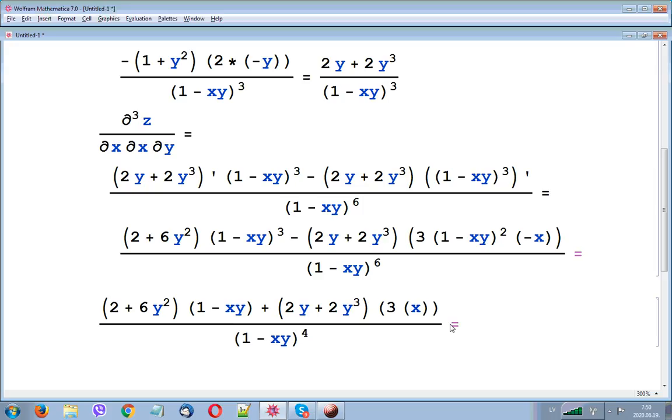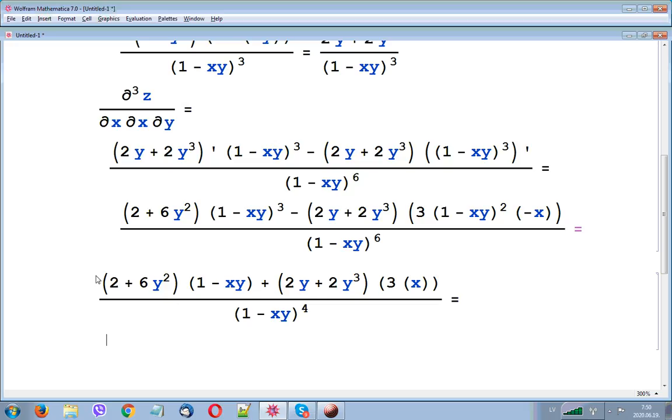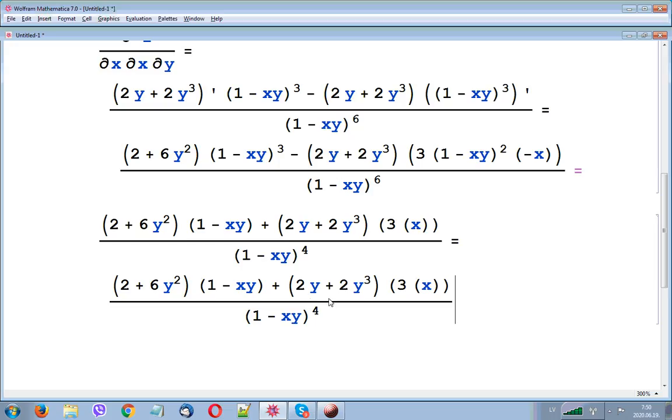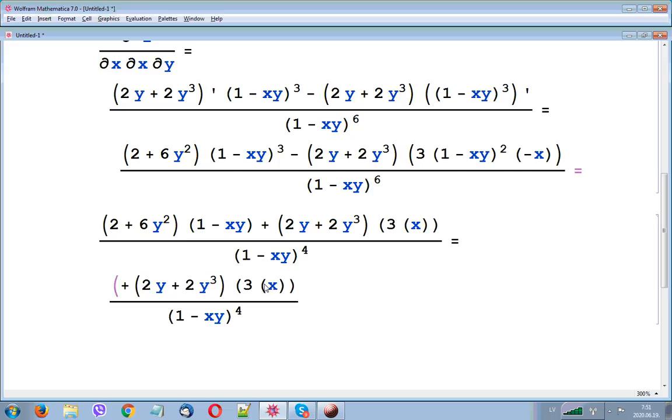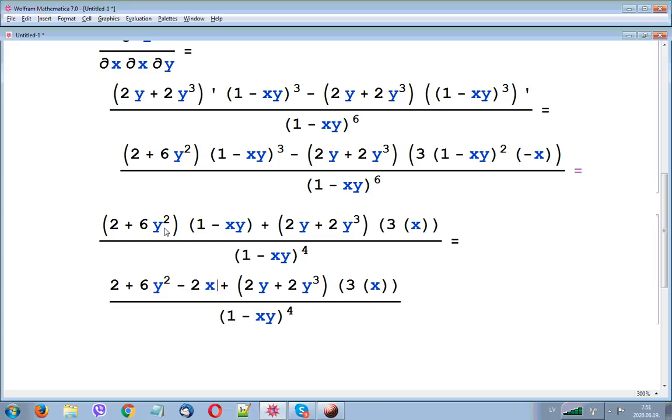And now when we want to find this, we have to simplify. So what we can do here, we can simplify everything. So let us do this. Here it's gonna be, I will mark it like here above, you can see, and let us see what will happen. It will be 2 plus 6y squared minus 2xy and minus 6xy cubed.